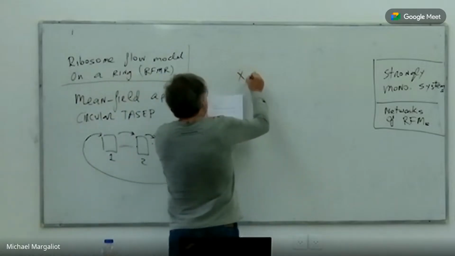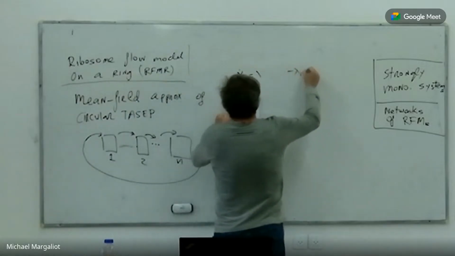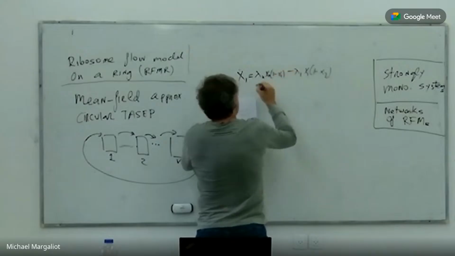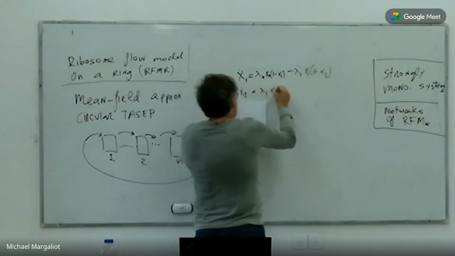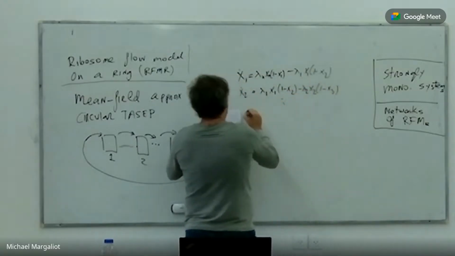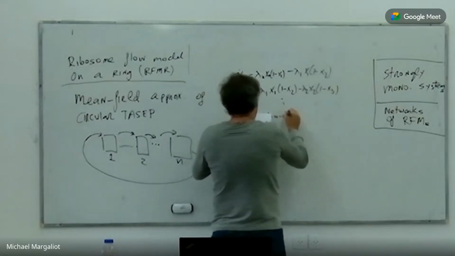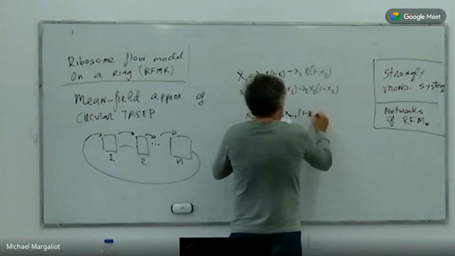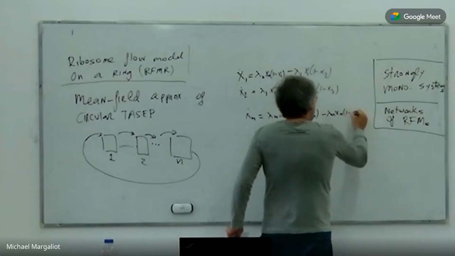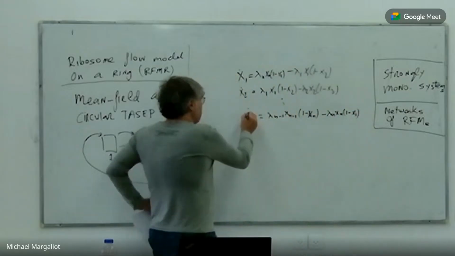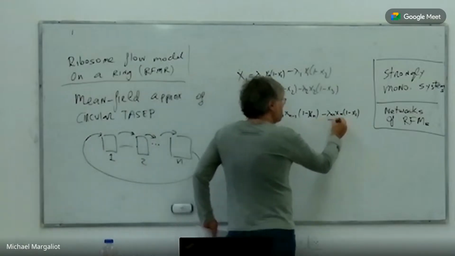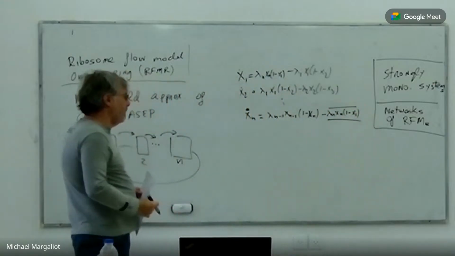What will the equations look like? The flow out of the last site is λ_n x_n (1 − x_1).